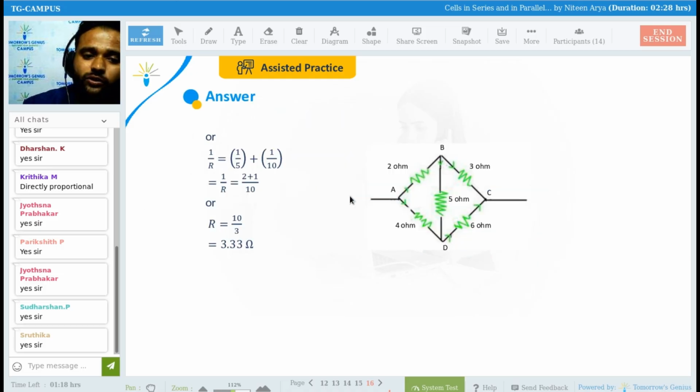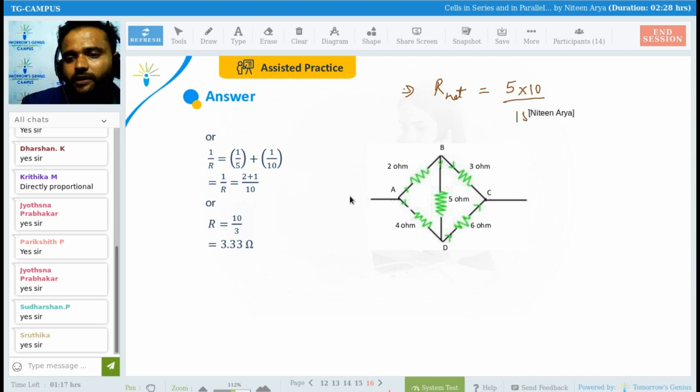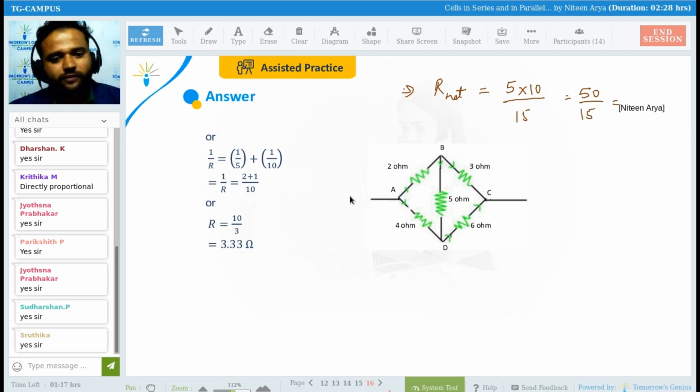Following this relation, 5 into 10 divided by 15, which is 50 divided by 15, which is 10 by 3, which is 3.33, a recurring decimal. Directly you can find R net using this formula.